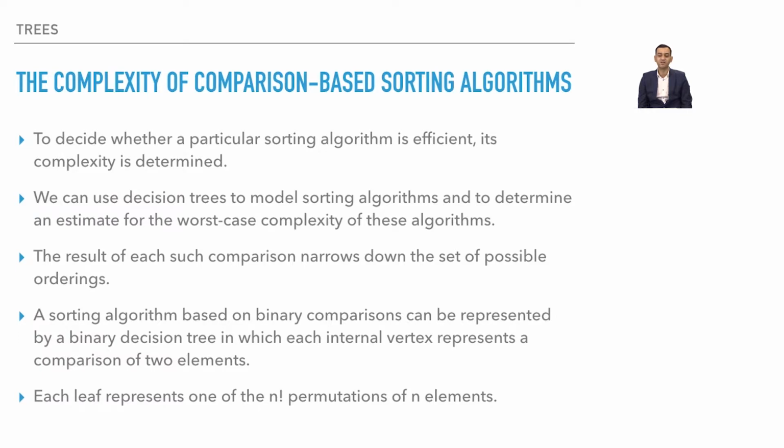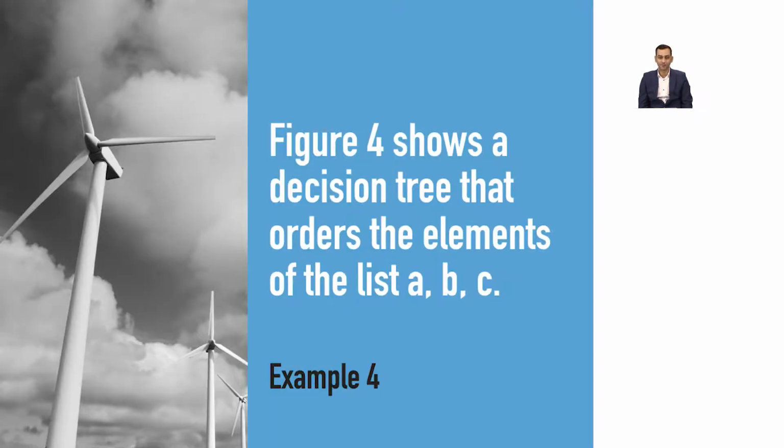Each leaf represents one of the n factorial permutations of n elements. To understand this concept further, let us take an example. Figure 4 shows a decision tree that orders the elements of the list A, B, C.